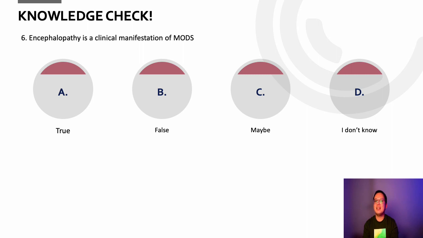A, true. B, false. C, maybe. D, I don't know. Number 7. Fluid volume excess is a problem with MODS. A, true. B, false. C, maybe. D, I don't know.